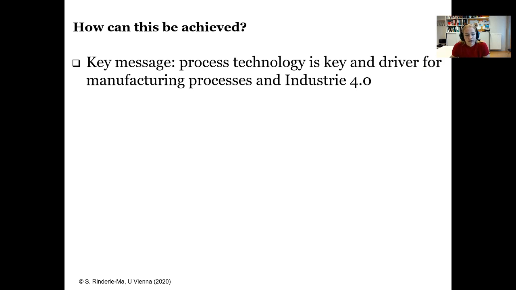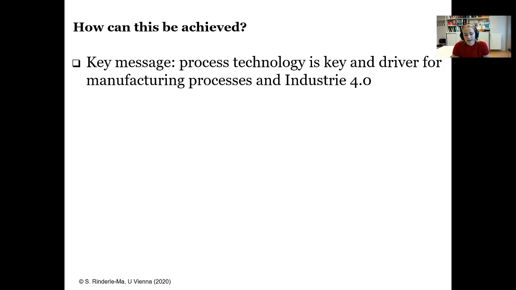Therefore we made the experience that process technology is really very promising. I would say it's a key driver for digital transformation in manufacturing, but also for other application domains that have similar demands and challenges.